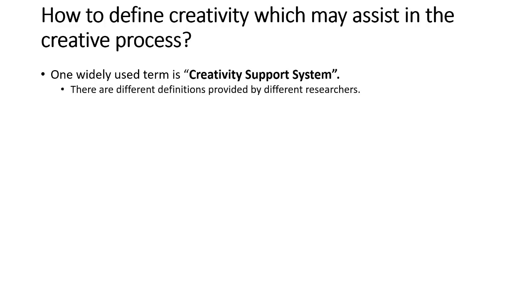Now, unfortunately, there are many different definitions of this which have been provided by different researchers, but let's actually consider some of them to try and understand what the definition may be and whether we can try and use creativity support system to describe any software which may help during the creative process or not. So let's look at 3 definitions given by different researchers.